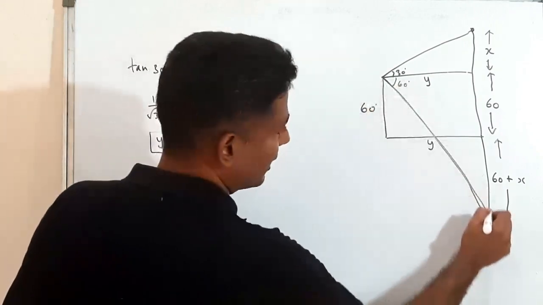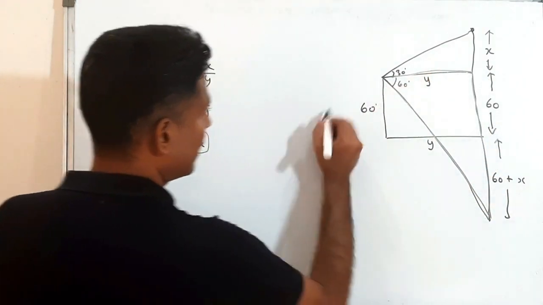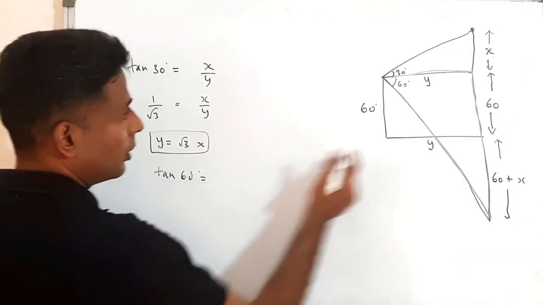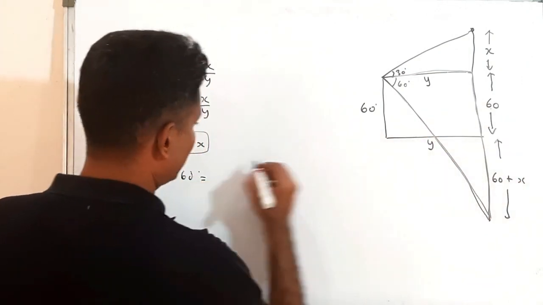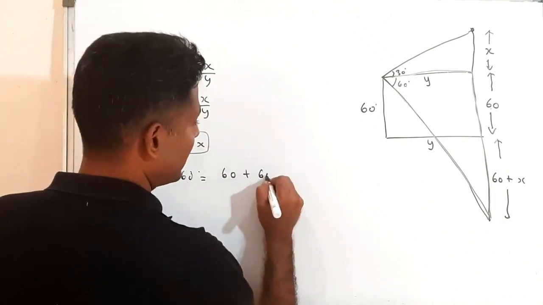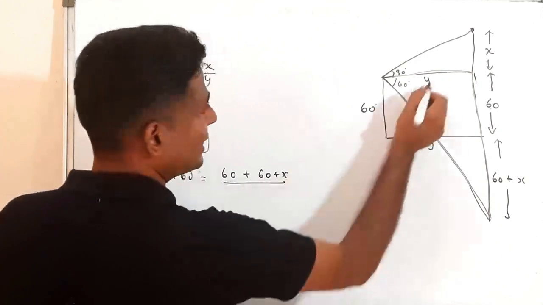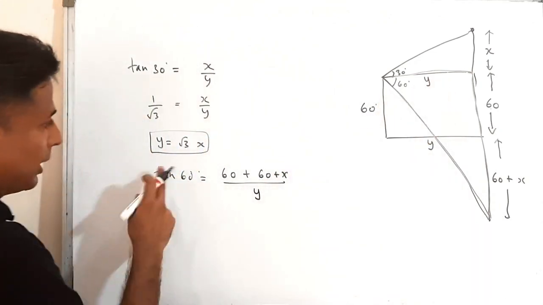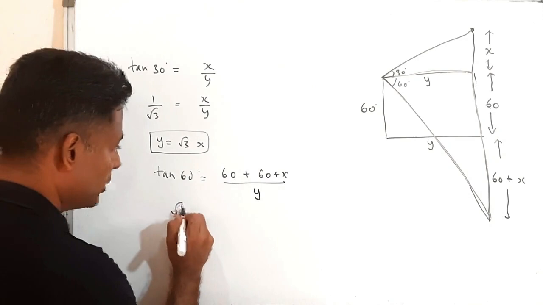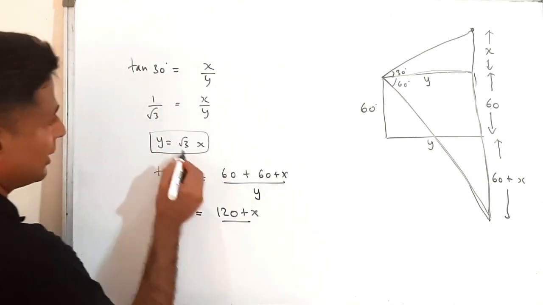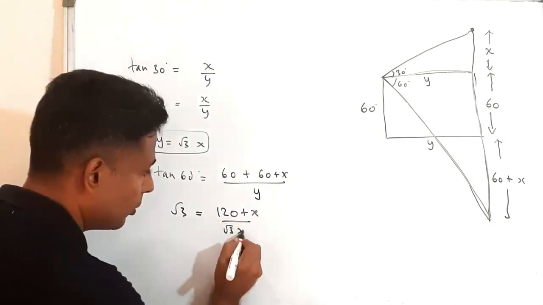Now taking this triangle, this is the right angle triangle. Tan 60 equals opposite, that is 60 plus 60 plus x, this whole thing from here to here, by adjacent, that is y. Tan 60 is root 3, equal to 120 plus x, by y. y is nothing but root 3x, so I'll keep it as root 3x.